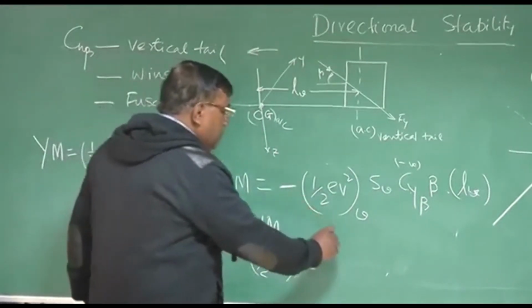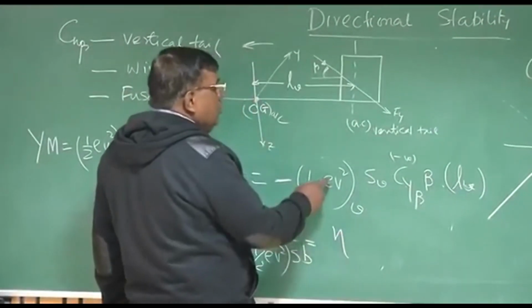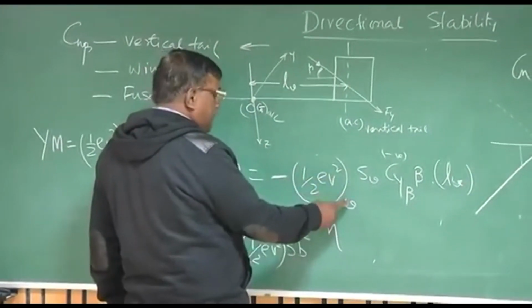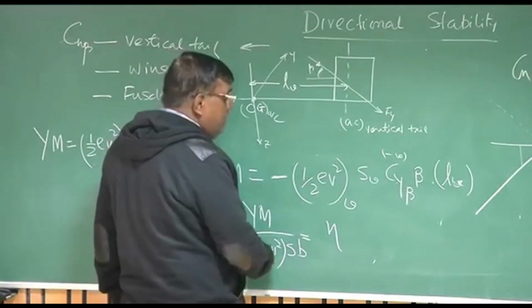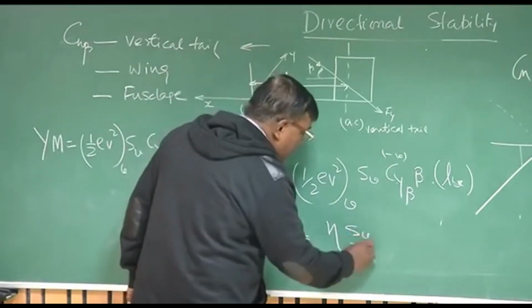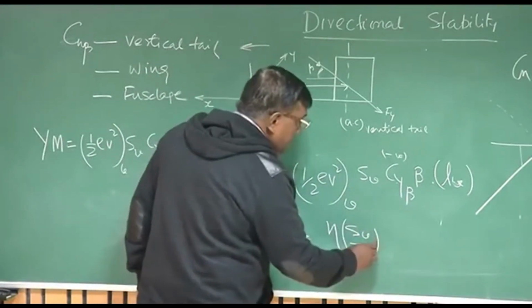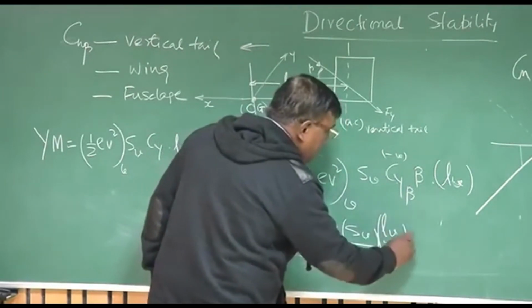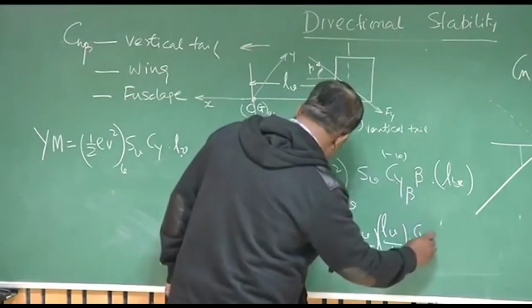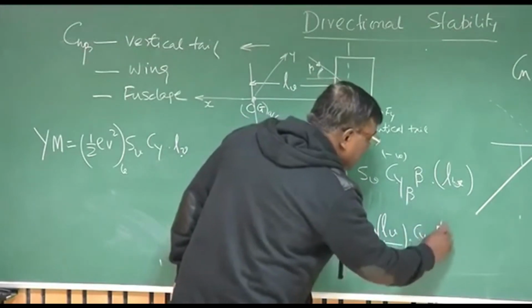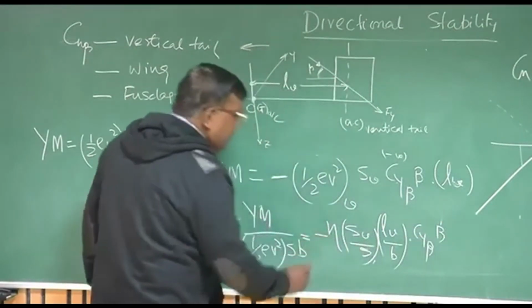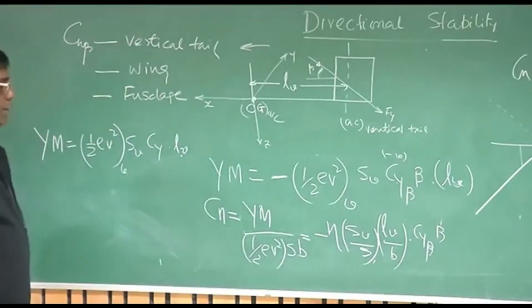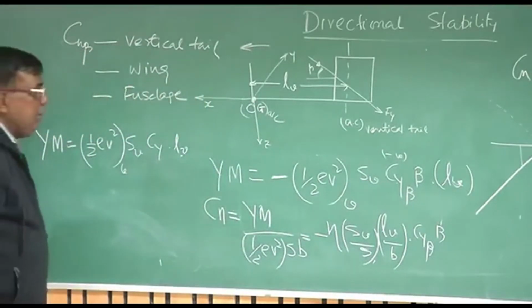So, this will become eta, the ratio of dynamic pressure at the vertical tail and half rho v square free stream, then SV by S you will get, then LV by B you will get, then Cy beta into beta, and of course, you have to put a minus sign here, right?